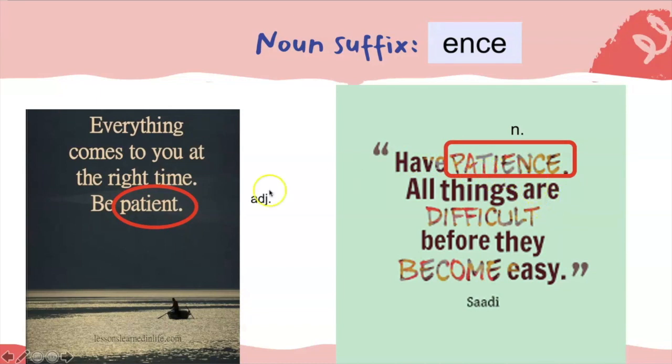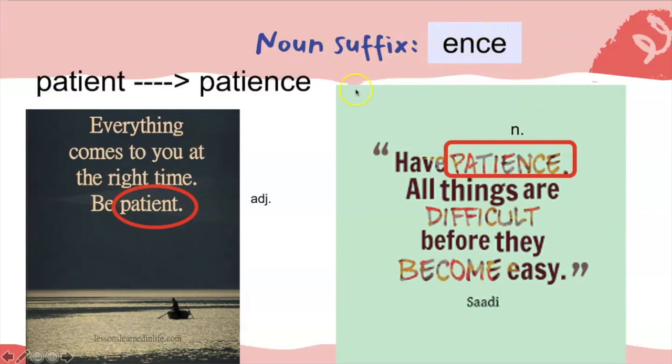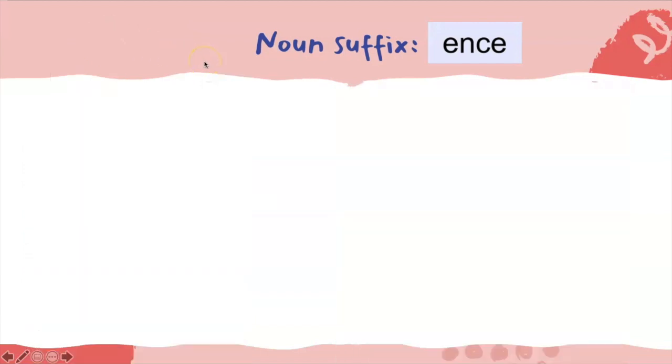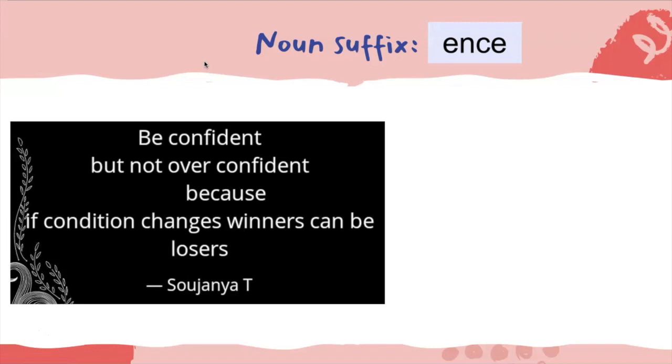Actually, patient and patience share a similar meaning. And by adding the noun suffix ence at the end, we change patient, an adjective, into patience, a noun. Here comes more examples.